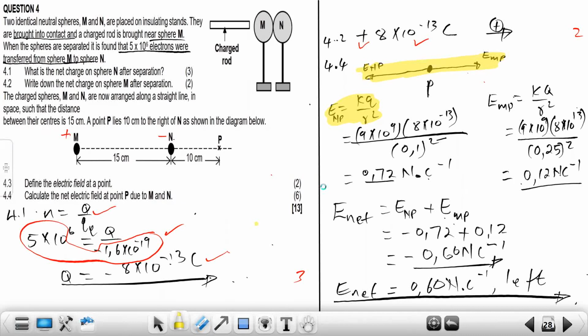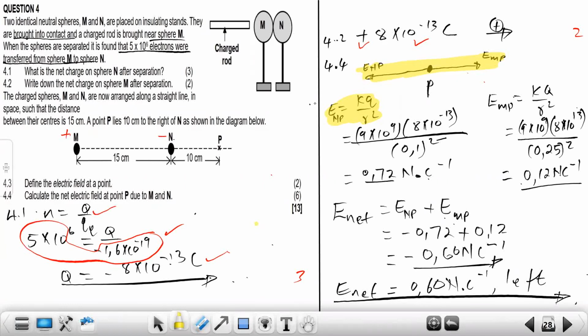Sir, I wanted to ask, on the electric field calculator question 4.4, with 0.72, should we put the negative charge when we calculate E net, so that we get a negative answer? It's fine, you can do it that way.